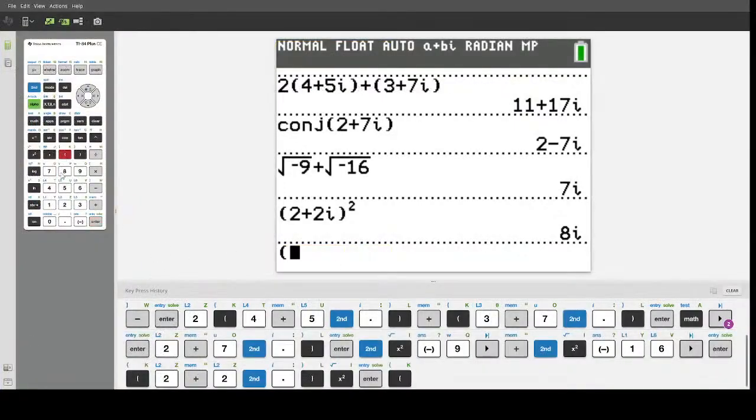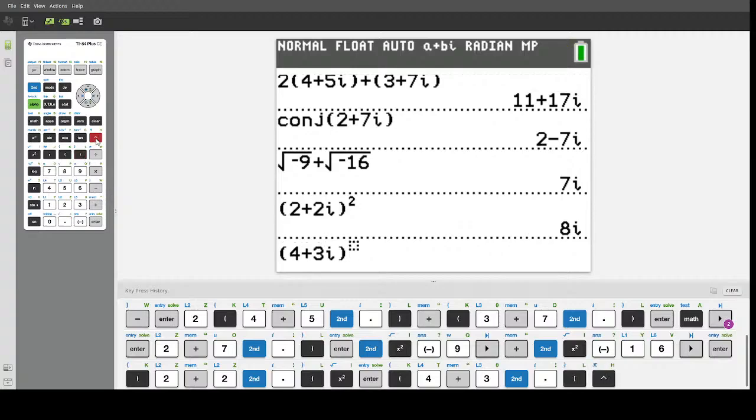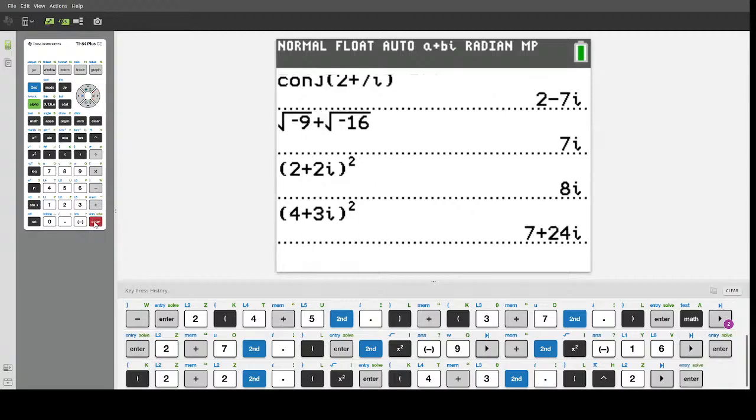So parentheses 4 plus 3i raised to power 2. If you use the exponentiation function for squaring, you have to put 2. And you can just press enter. Normally I like to bring it down before I press enter, but you can go ahead and press the enter key. It doesn't matter.